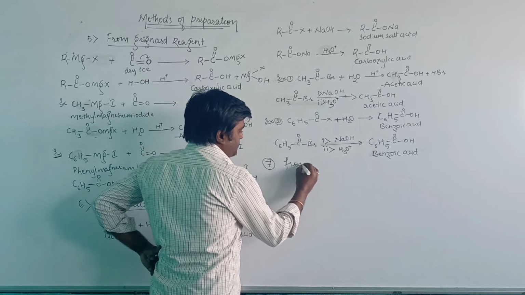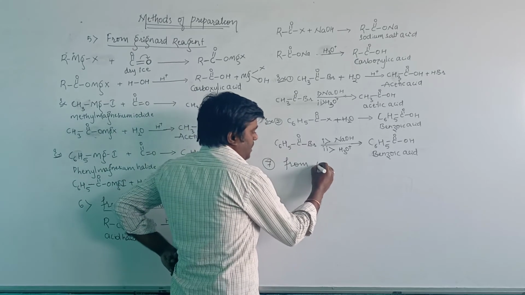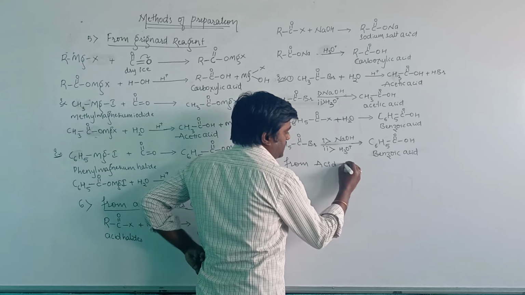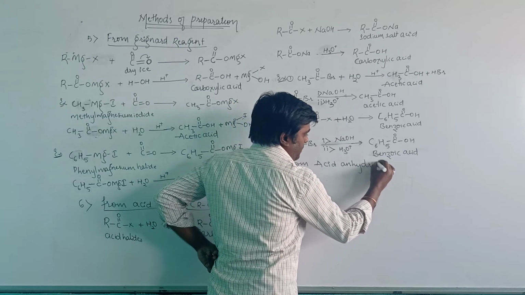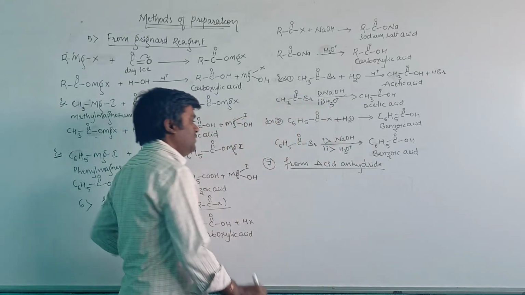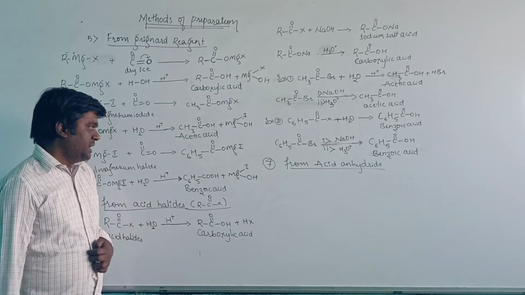The seventh method is from acid anhydrides. With the help of acid anhydride, we can prepare the carboxylic acid also.